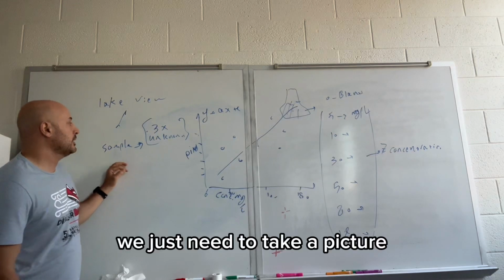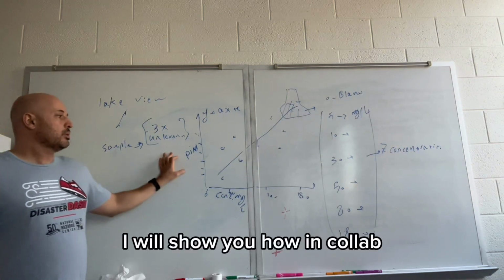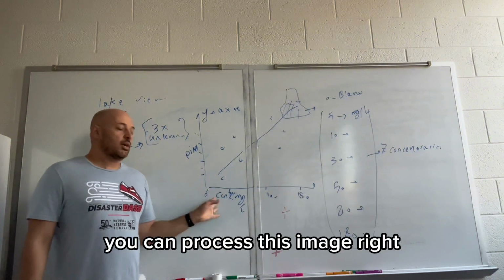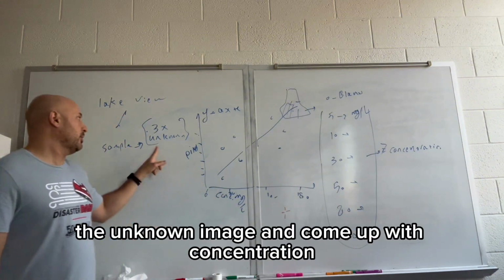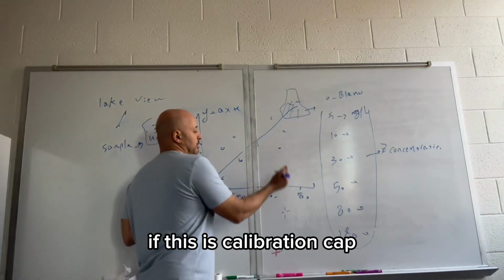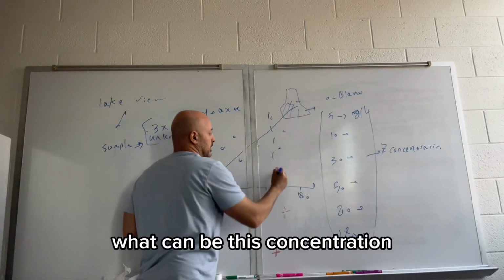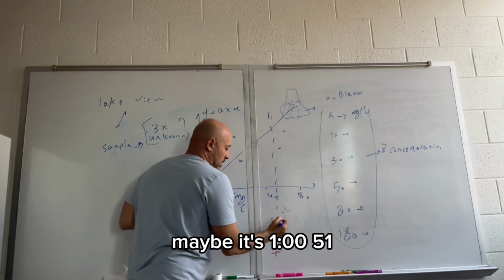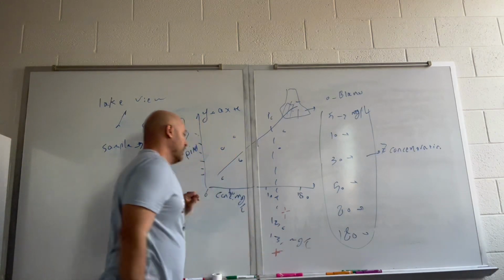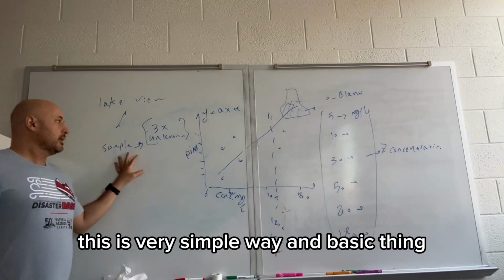So we just need to take a picture. I will show you how in Colab, in a basic, simple way, we can process this image, right? The unknown image, and come up with the concentration. If this is the calibration curve, what can this concentration be? Maybe it's 150, 130 milligram per liter or whatever. This is a very simple and basic thing.